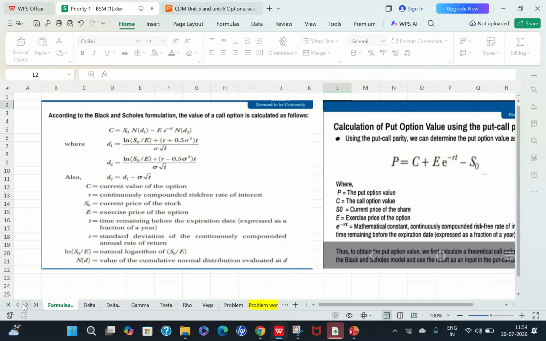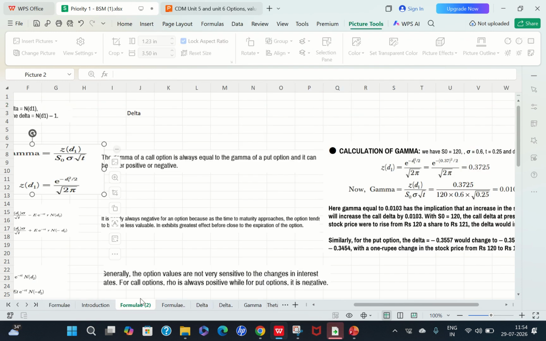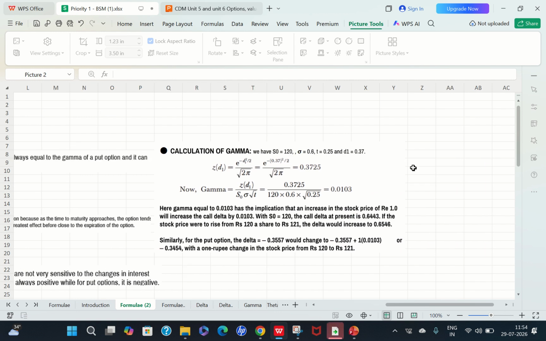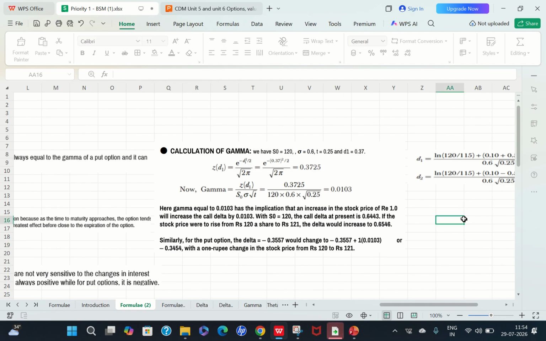So applying it here, D1 we have standard deviation 0.6, T is 0.25. So now while applying e to the power of minus 0.37, how do we get 0.37?